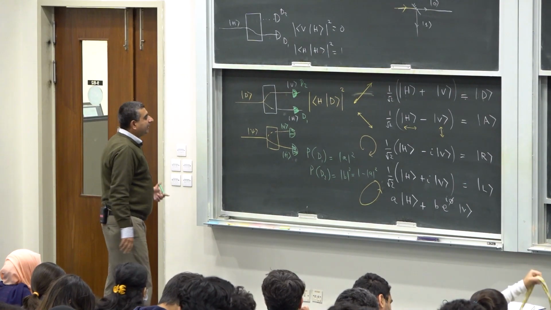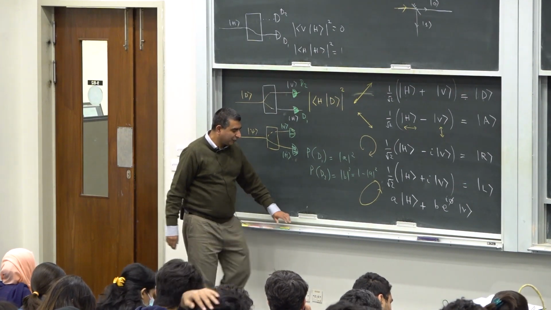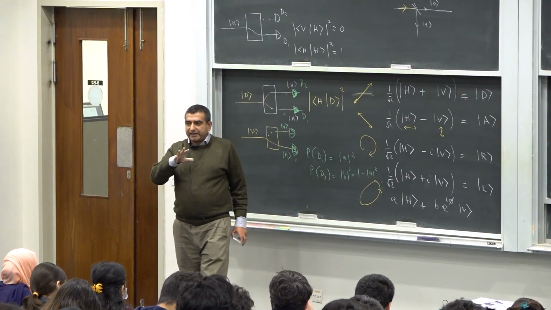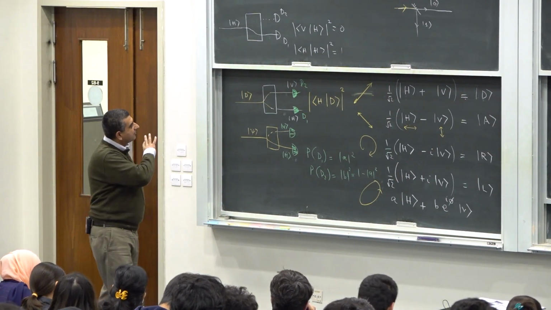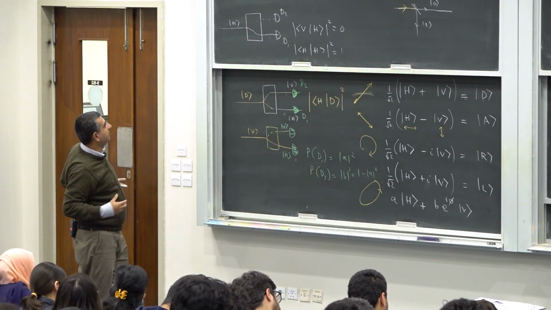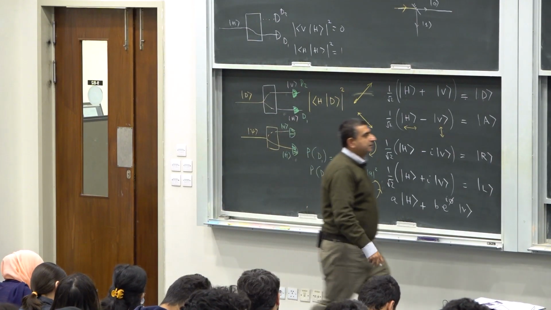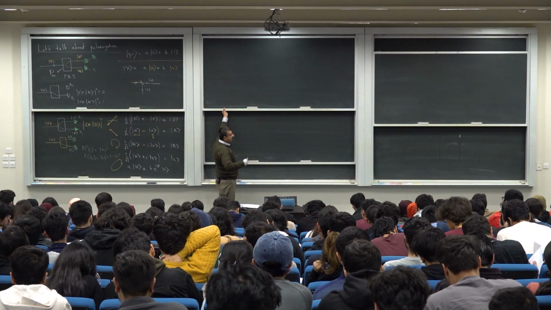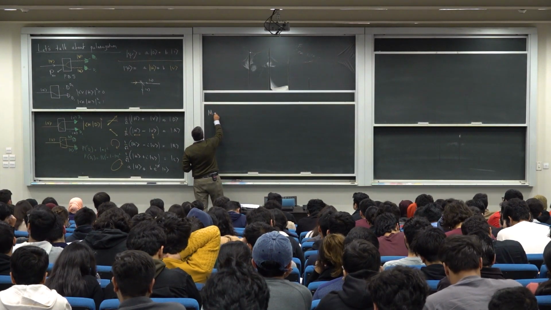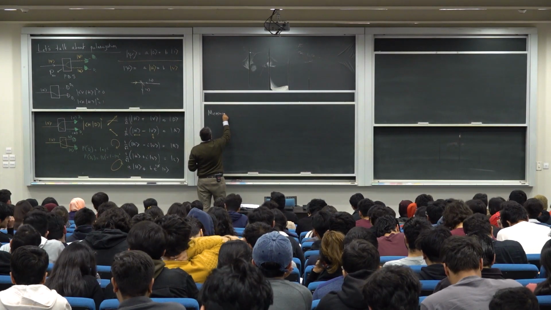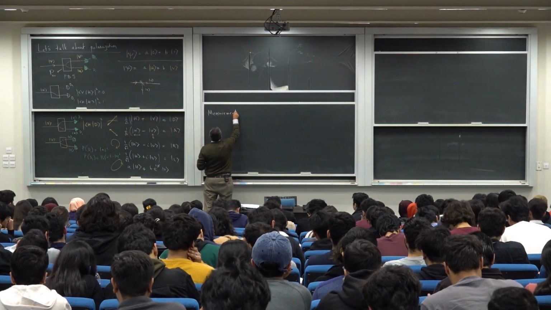Okay, now let's look at some aspects of measurement, quantum measurement, through the basics that we've built. Some aspects of measurement and complementarity. What does a quantum measurement really mean?